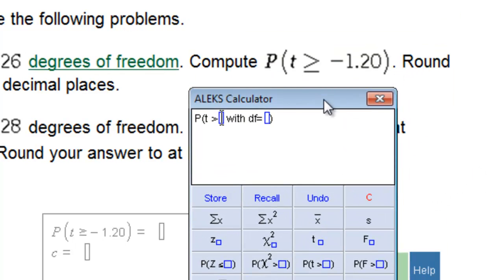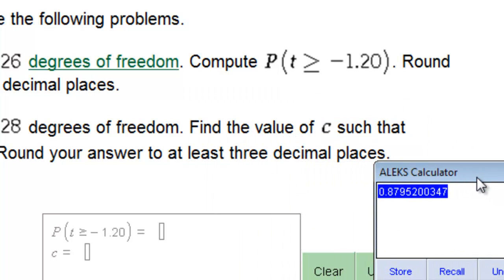Doesn't matter that this one has an equals and this one does not, because the equal sign has no area, except if it's a binomial thing and then you actually make a correction for continuity to give it area, but that's not important. We're just going to put in 1.2. The degrees of freedom is 26, so it's pretty close to normal. And we hit enter, and it's 0.8795, so we'll call it 0.88.